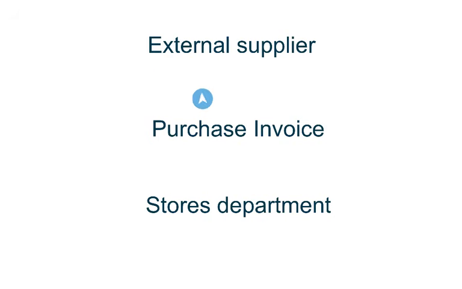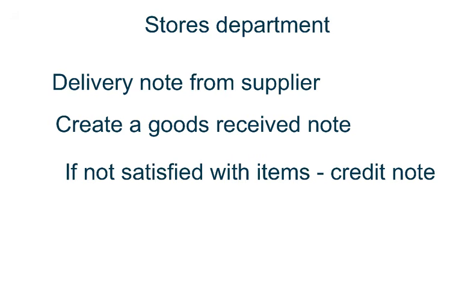Now the external supplier will deliver these goods to the stores department, and they will attach a purchase invoice and also a delivery note when they send the goods. The stores department then receives the delivery note from the supplier. Normally someone at the stores department will sign this delivery note.